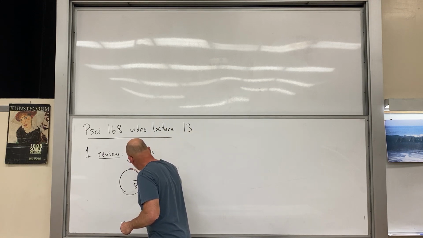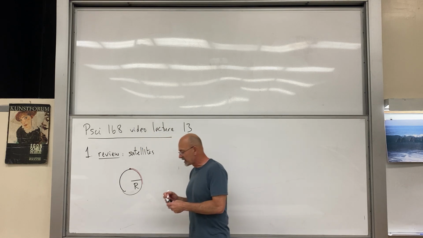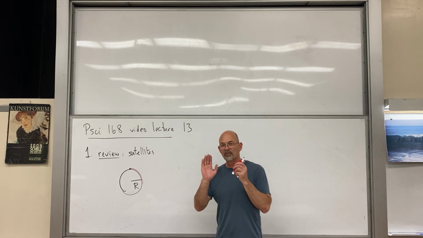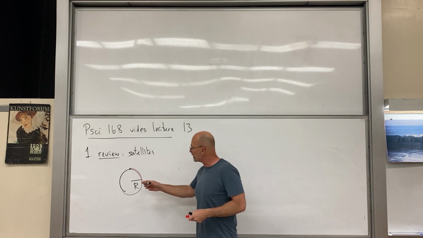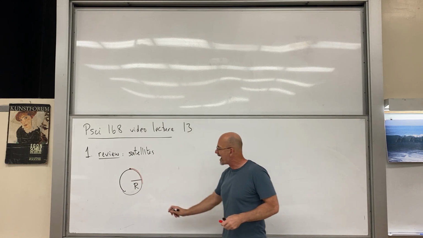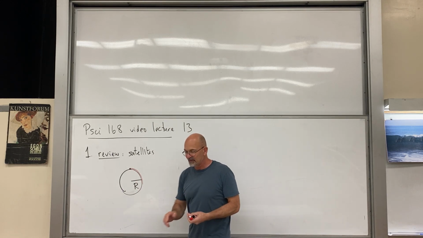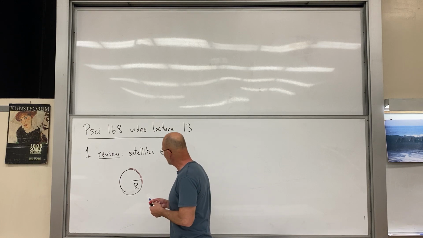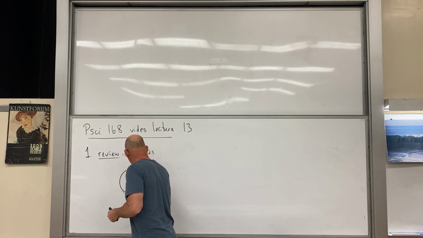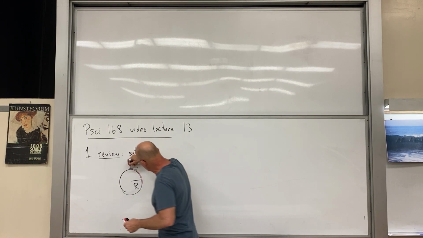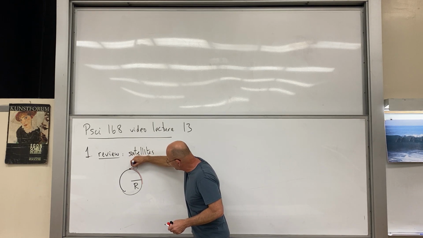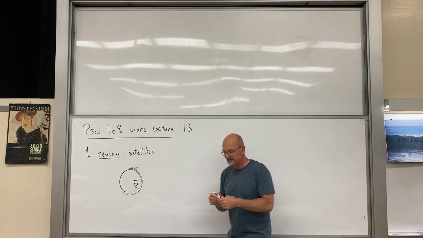So we're circling the Earth because we've thrown the thing with precisely the speed so that when it falls, it just falls around. In essence, it goes forward and falls at the same time. It's constantly moving forward and falling at the same time.